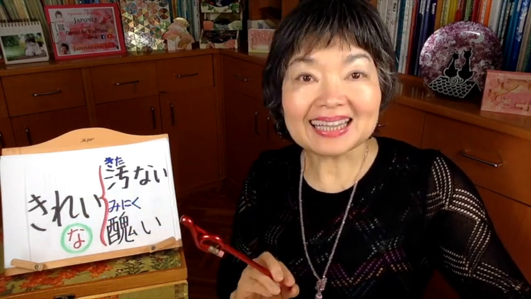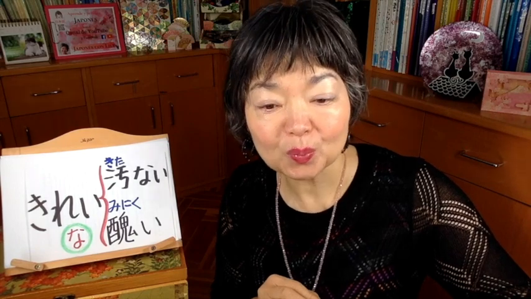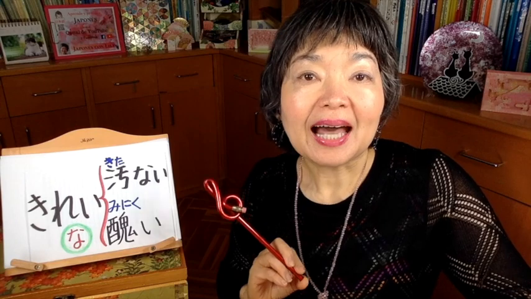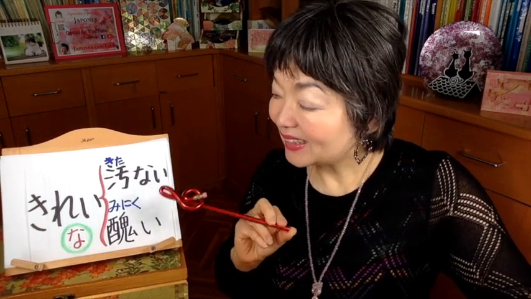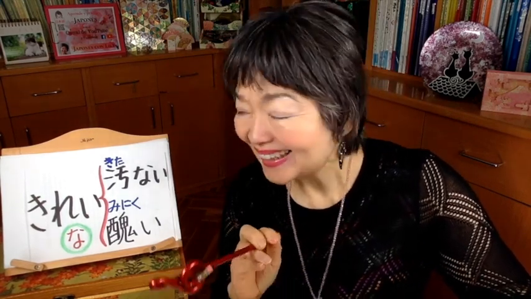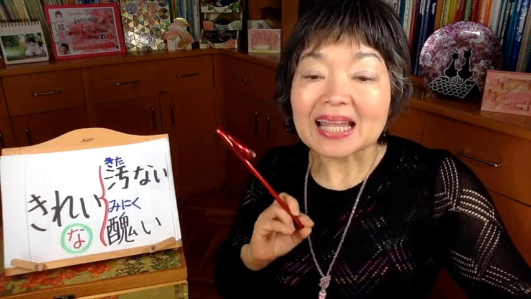But there is a tale using this 醜い. It is 醜いアヒルの子. アヒル is a duck. So the son of the duck. Now you know 醜いアヒルの子, The Ugly Duckling.